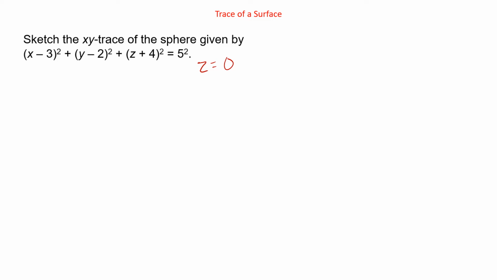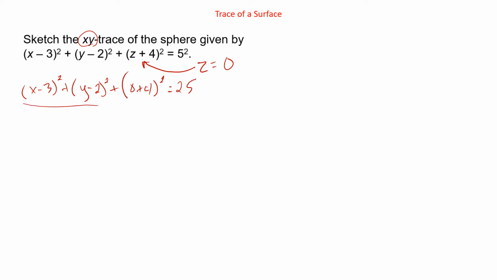On the XZ plane, y equals 0. Whatever one is not here will equal 0. So all we're going to do is plug this in and then simplify. So we'll have x minus 3 squared plus y minus 2 squared plus 0 plus 4 squared equals 5 squared, which is 25.